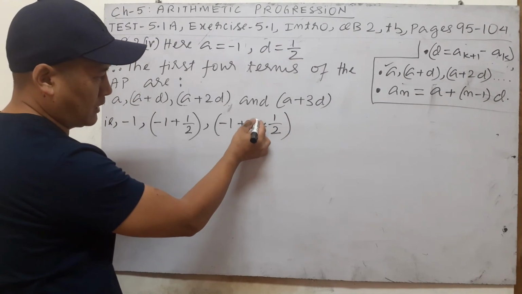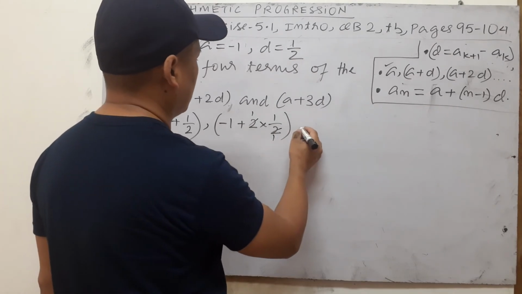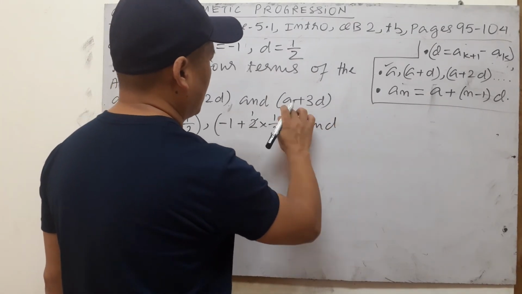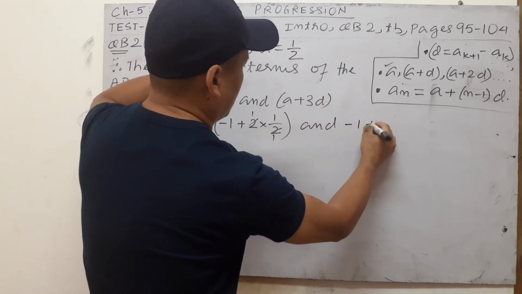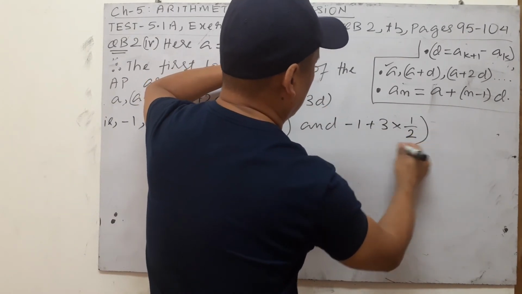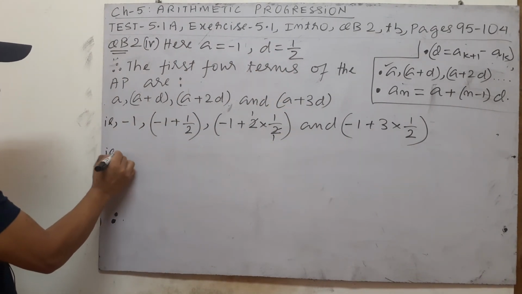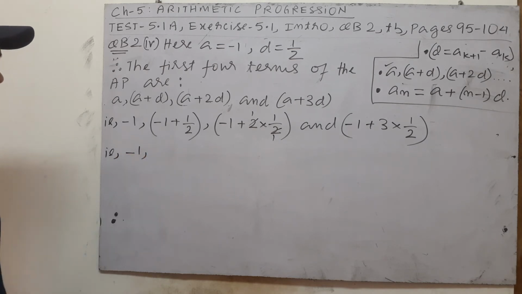So into means I can cancel this 2. 1, 1. 2 ones are 2, 2 ones are 2. And the fourth term is A here minus 1 plus 3 into D here is 1 by 2. Write it carefully. The next one, that is first term is minus 1.